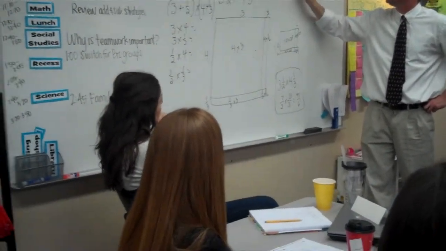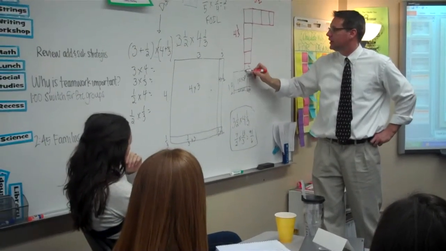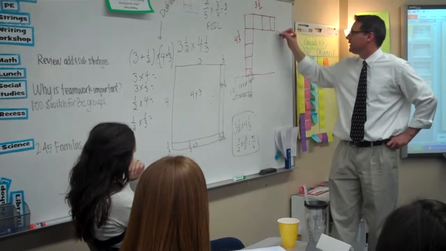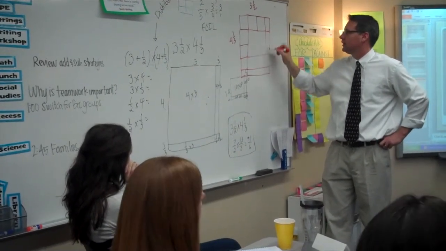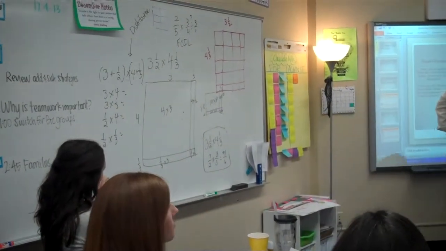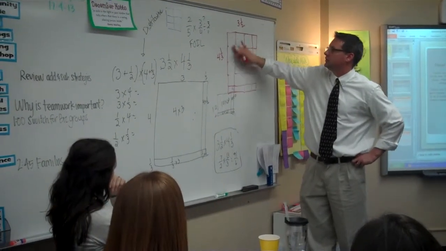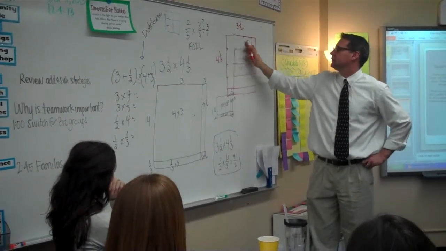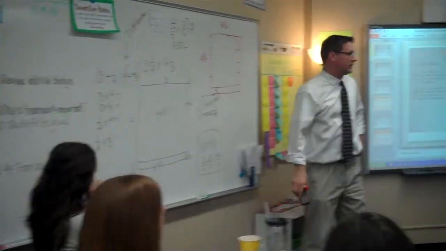So there's 1, 2, 3, 4 1/3. Okay, now that's my piece of land. That helps me. And then I can stop and think, well, I know this is 4 whole, and I know this is 3 whole, and I can take that out in terms of thinking.